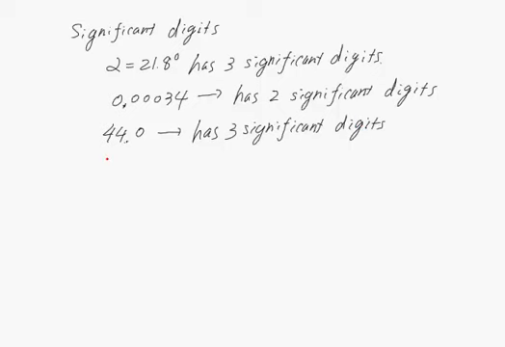And if you have another number like 44.006, even though you have two zeros to the right of the decimal point, these two zeros are followed by another non-zero digit. So in this case, these two zeros are still significant. And totally this number has 1, 2, 3, 4, 5 significant digits.